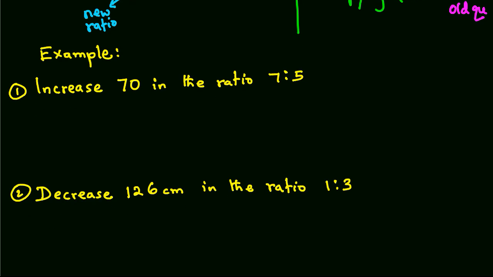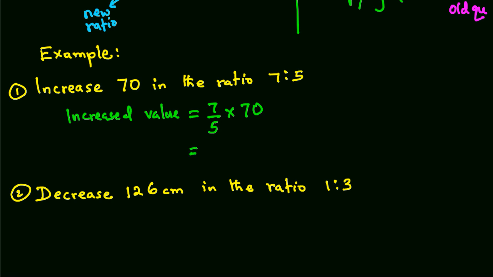Now, in our first example here, we want to increase 70 in the ratio 7 to 5. So in this case, the increased value will be equal to the multiplying factor, which is 7 over 5 times 70.